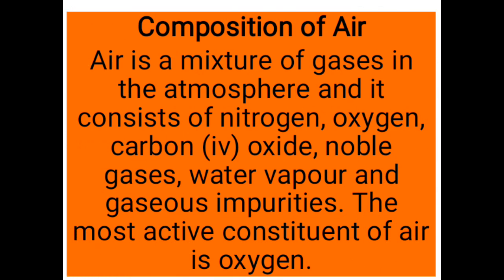Air is a mixture of gases in the atmosphere, and it consists of nitrogen, oxygen, carbon dioxide, noble gases, water vapor, and gaseous impurities. The most active constituent of air is what? Oxygen, which contains 21% of air.